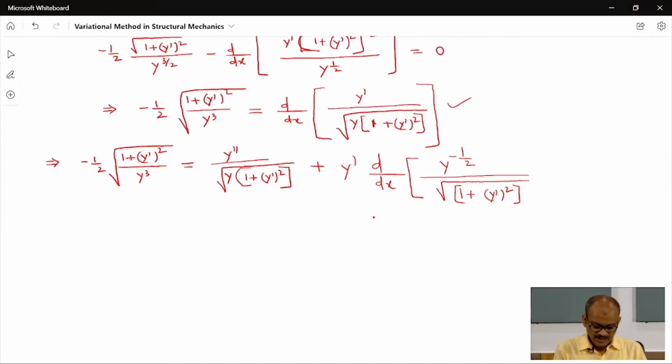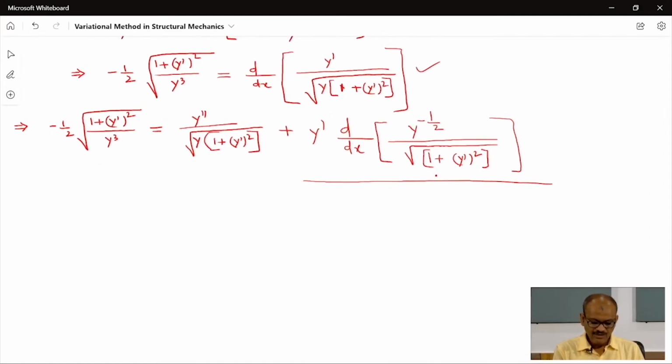Now we will have to find the value of this. How to find? This is the same u by v, d by dx of u by v. Same thing you can write here.